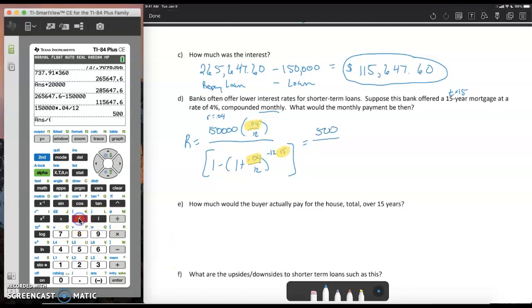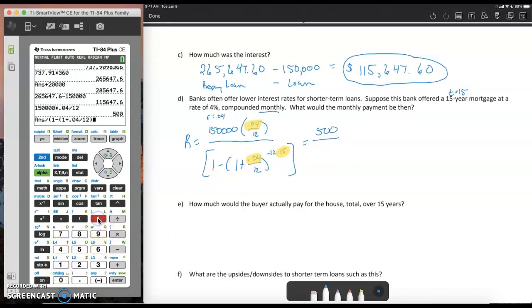So divided by parenthesis 1 minus another open parenthesis 1 plus 0.04 divided by 12.